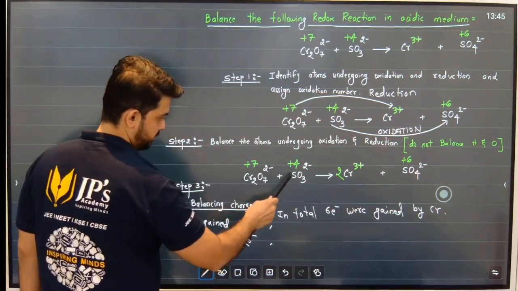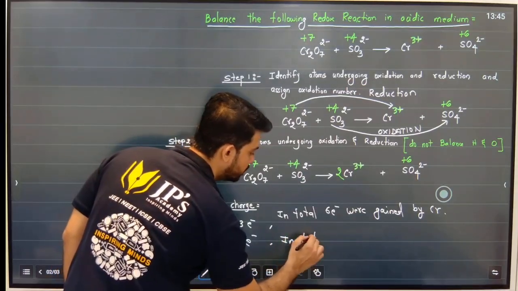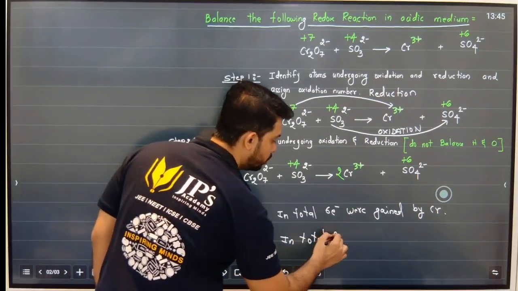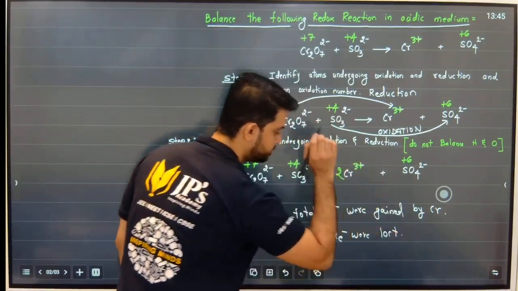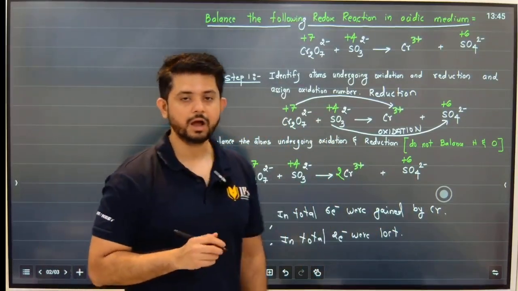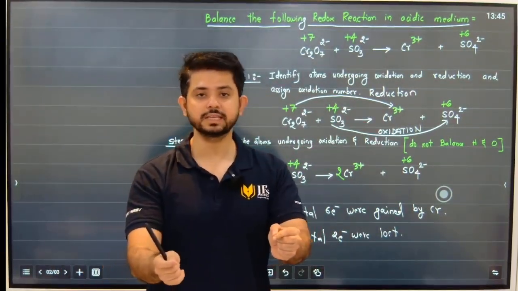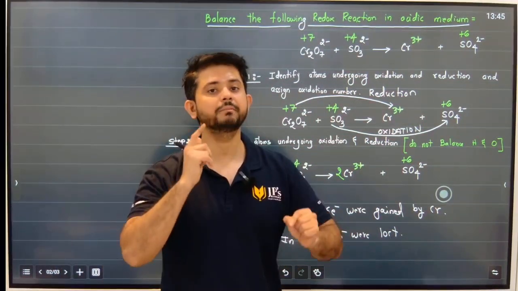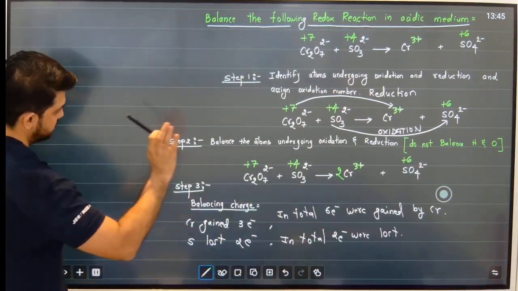And left में भी एक ही sulfur atom है, right में भी एक ही sulfur atom है. So in total 2 electrons were lost. अब how is that possible कि 6 electrons gain किए, 2 ही lose कैसे किए? Lose भी हमें 6 होने चाहिए. So that is what we mean by balanced charge.